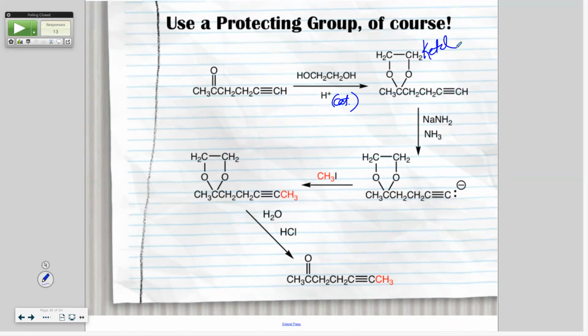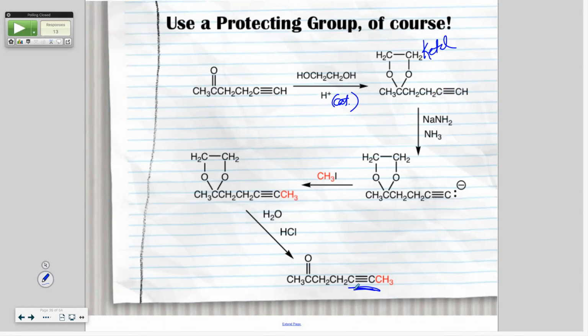Okay, so we're going to add NaNH2 and liquid ammonia, and we're going to pull off that proton. Then we're going to add our methyl iodide, and we're going to methylate. Then we're going to add water and acid, and sometimes they even heat it up a little bit. You have to be a little careful because we don't want to add across that triple bond, and that will probably affect your yield.